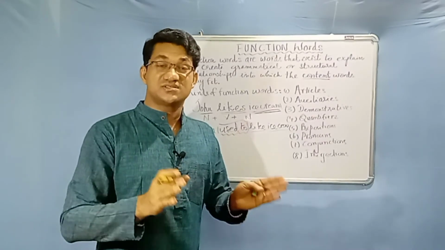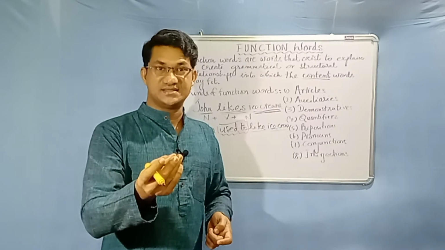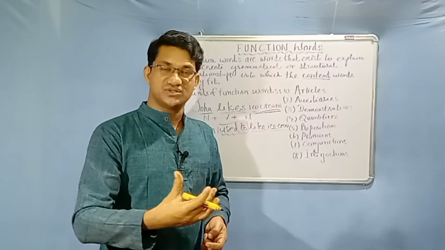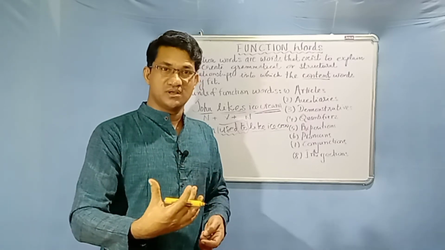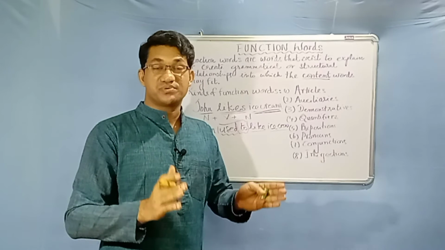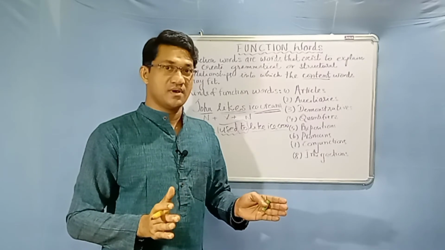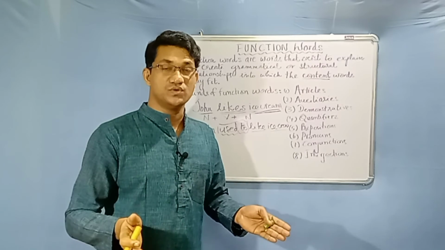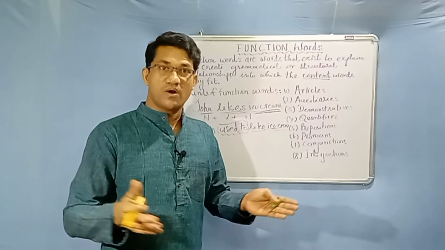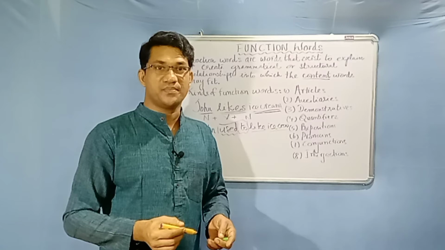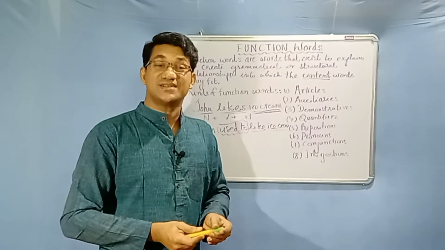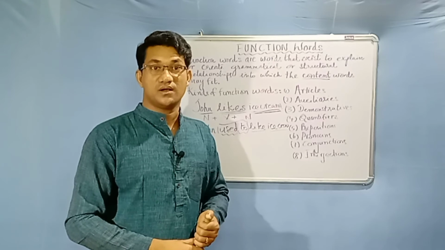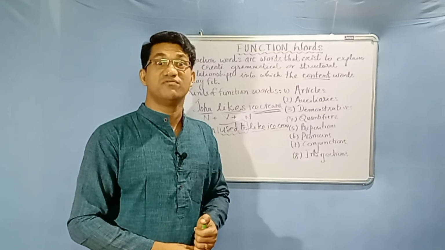This type of words we use in our conversations, in our speech, to express different conditions, different functions, different moods, different contexts. Such small words or phrases can be called function words.